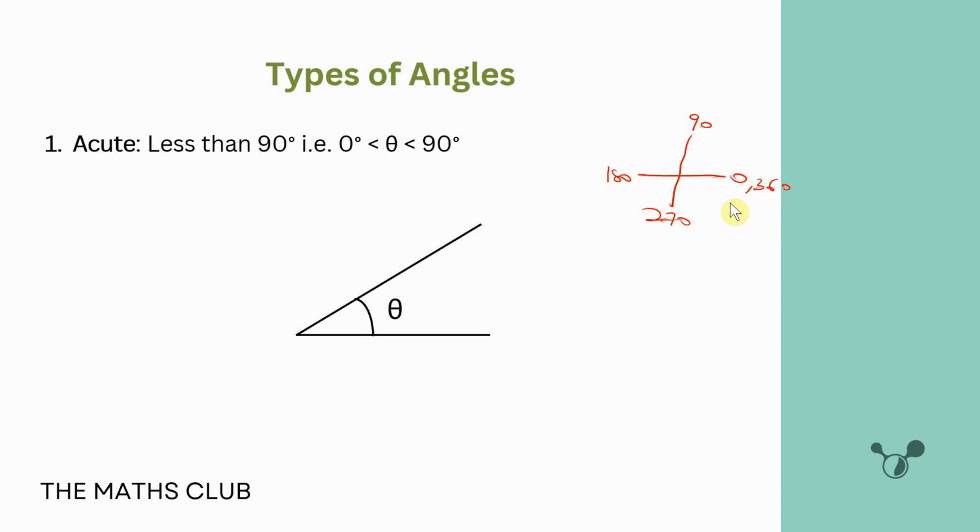So any angle between 0 and 90, it's not 0 and it's not 90, it's just between. It could be 77, 60, or 30. Anything in this range is known as an acute angle. You can see this angle theta is still within the first quadrant. So that's an acute angle.